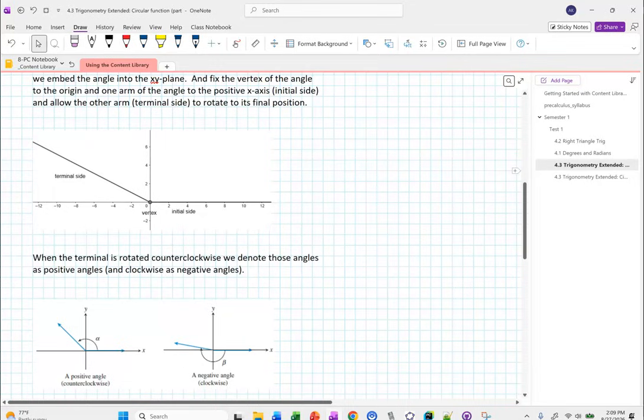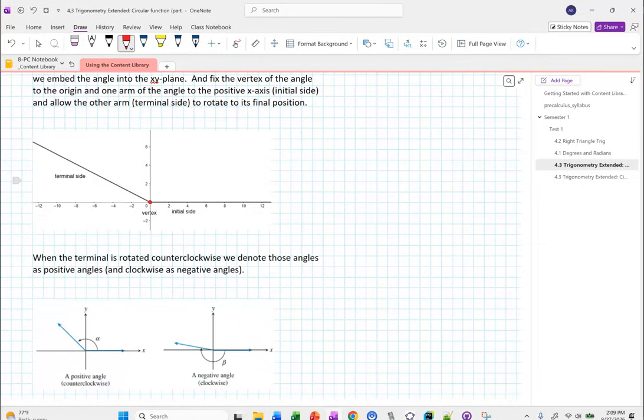So in my xy axis, I fix the vertex at the origin. One arm of my angle I lay on the positive x-axis. I call that the initial side. And then starting at that initial side, if I want, say, a 135 degree angle, I'm going to rotate.